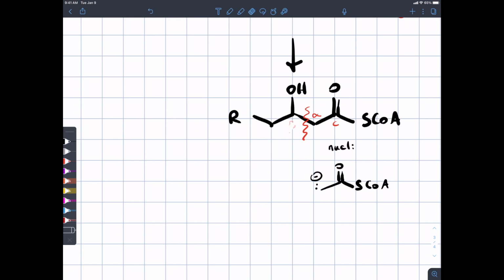And our reactive partner. Sometimes when deciding what the reactive partner could be, when thinking on the retroaldol, it's good to draw in all the substituents on the beta carbon. So what's my other partner, the electrophile, going to be?